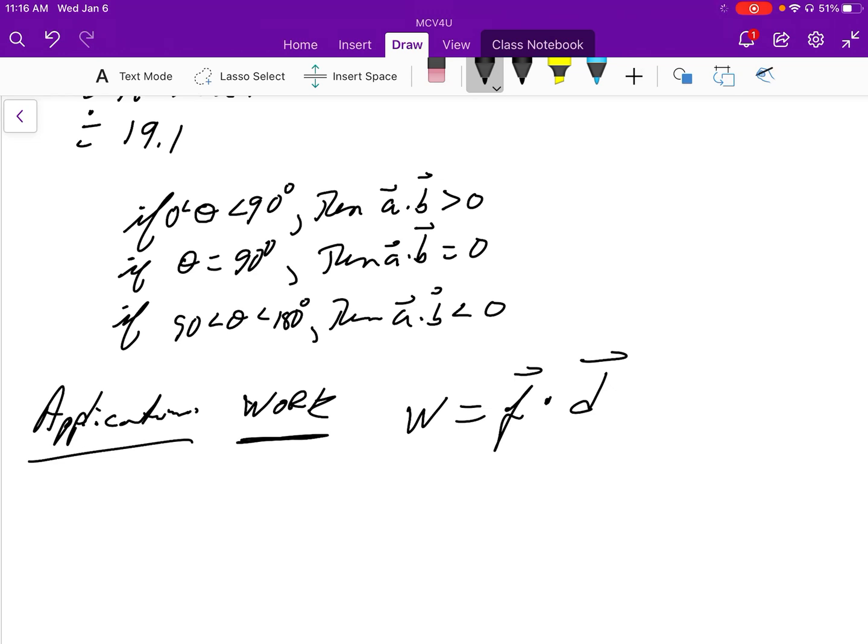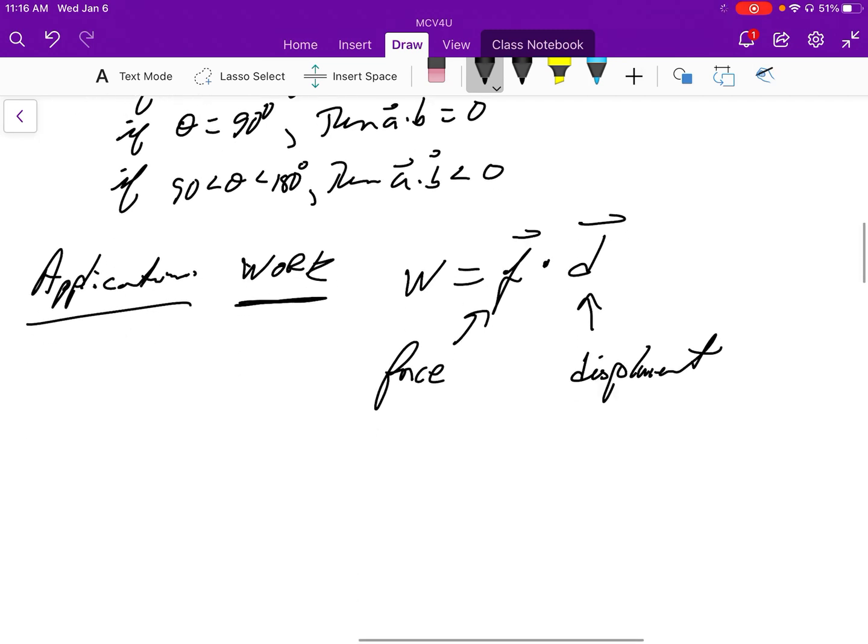I'll put down here, this is force, this is displacement. And it's how much work you do basically in the direction of the movement, in the displacement itself, right?